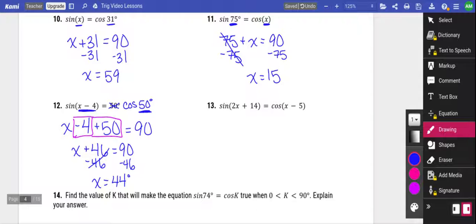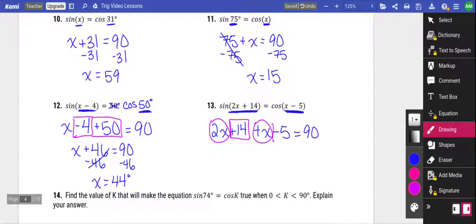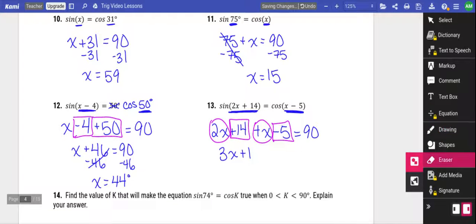The next one, sine of 2x plus 14 is equal to the cosine of x minus 5. These two should equal 90. So I'm going to add their sum to equal 90. Here are my like terms. I get 3x plus 9.